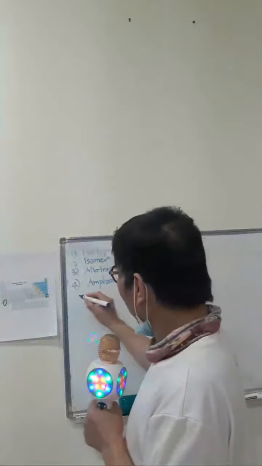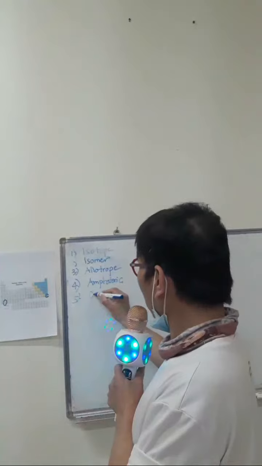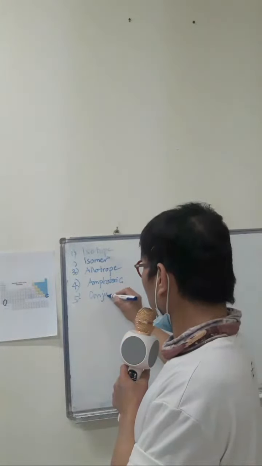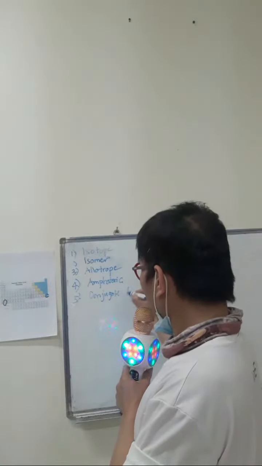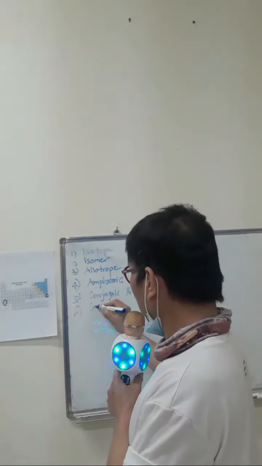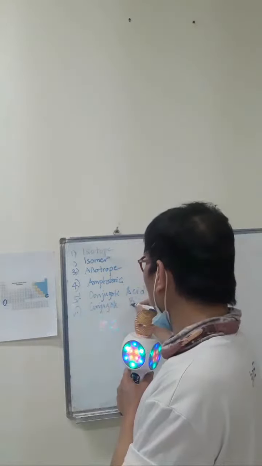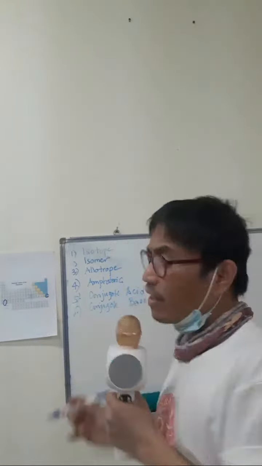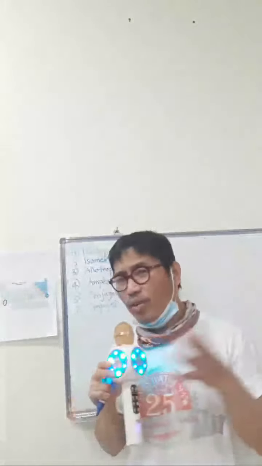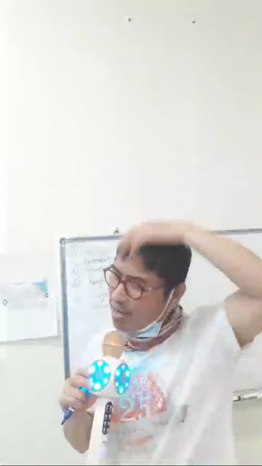And then number five, we need to give you a definition of a conjugate acid and a conjugate base. Though this is also classification of matter in relation to acids and bases, we go now a little bit to a different topic.